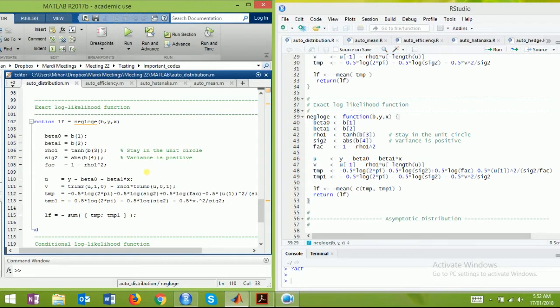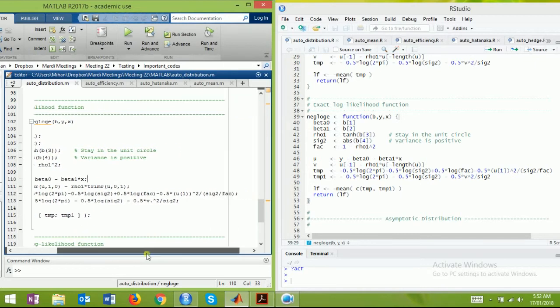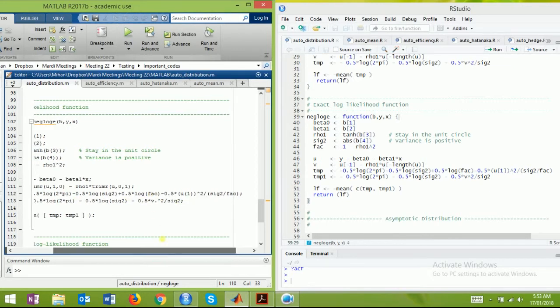In the full one we have the conditional and the marginal portions, both. So first, we have the full one, the non-conditional, then the conditional added together. That's minus log sigma square minus 0.5 log 1 minus rho square, which is that, and u square divided by sigma square divided by 1 minus rho square.